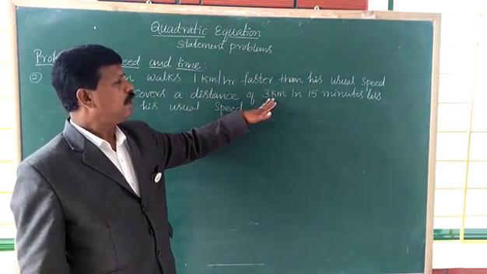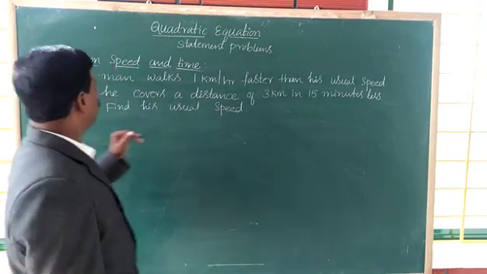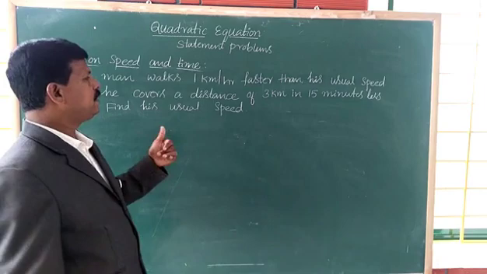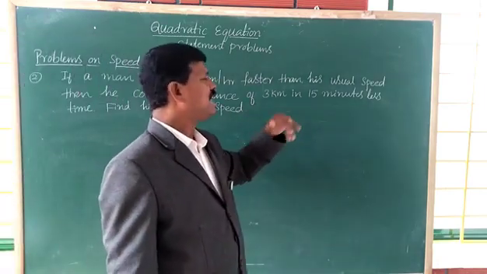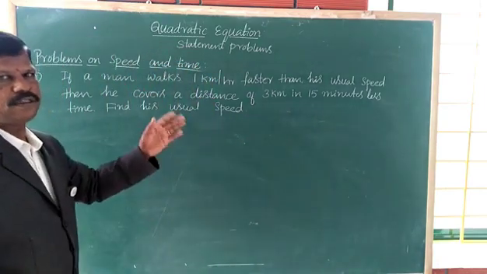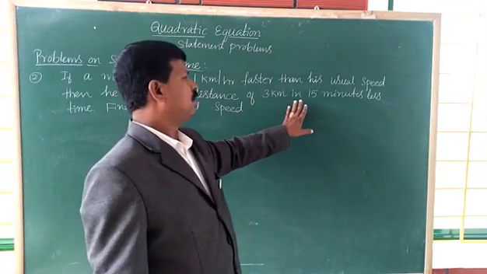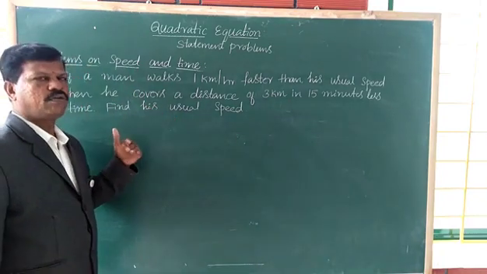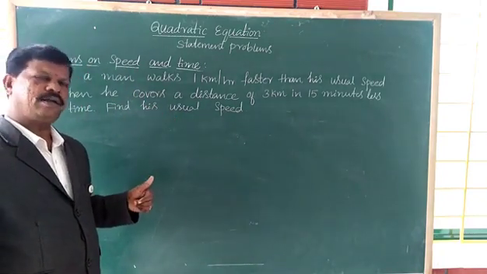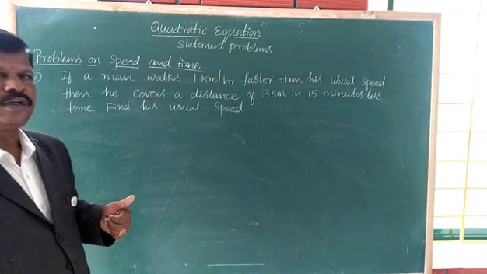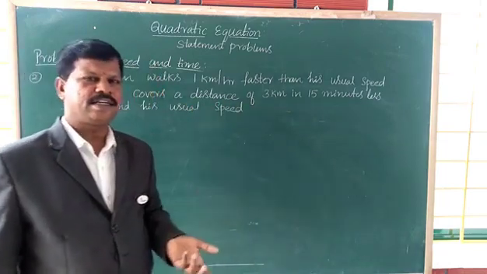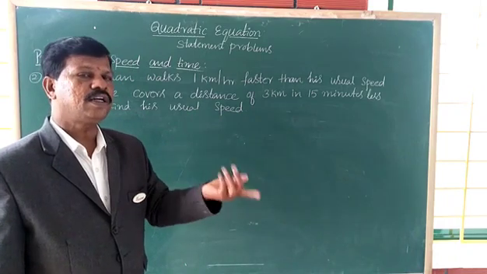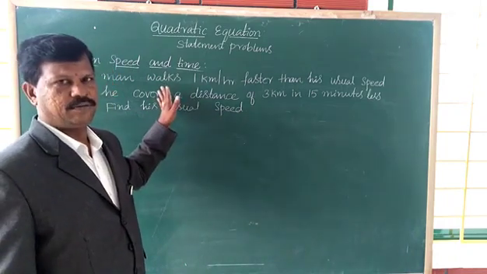So you are walking faster than your usual speed, so you will reach the school 15 minutes less. Just compare with your daily life. You are coming to school from your home by walking to catch the bus. One day it is late, right? So to catch the bus, you should walk faster, right?